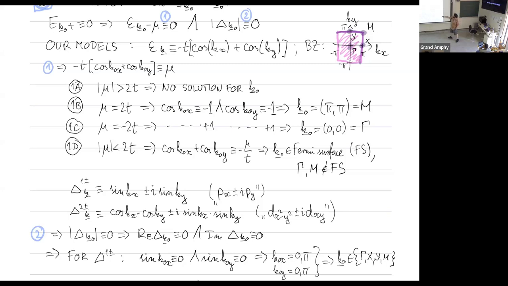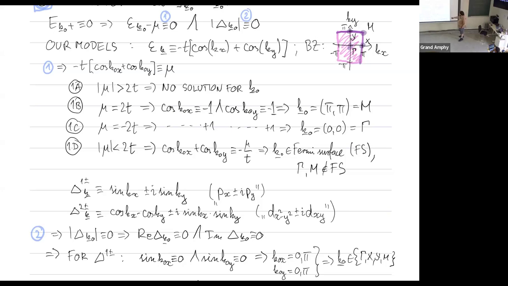Then special points are exactly where mu equals the band edge values. The Fermi surface isn't just a single point. So imagine a Fermi surface around the gamma point. As I'm lowering the chemical potential, it shrinks down to just being the gamma point.